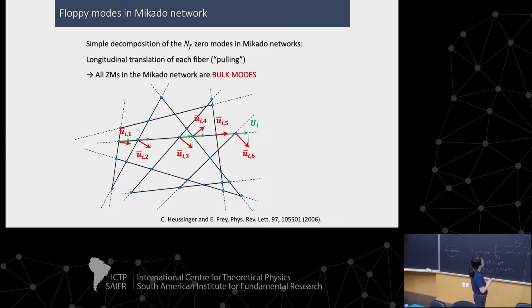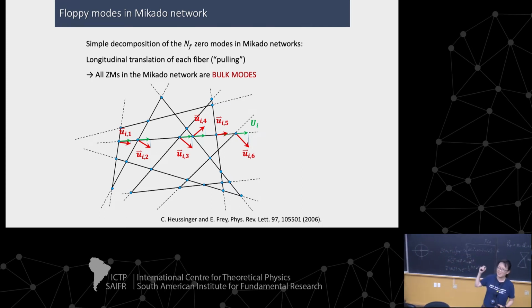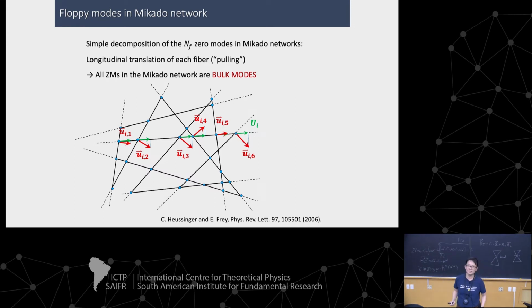Okay, so these are the zero modes, and then you can notice that they are all bulk modes, right? There is no decay from the edge to the bulk. So then what do we mean that we can study topological edge modes in these lattices if all of the modes are just bulk modes?